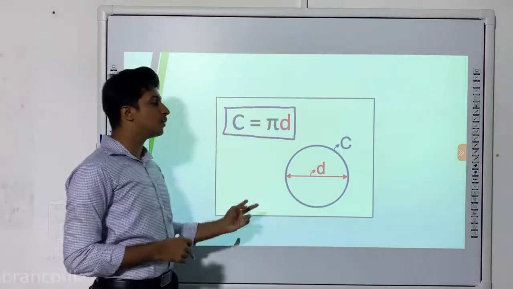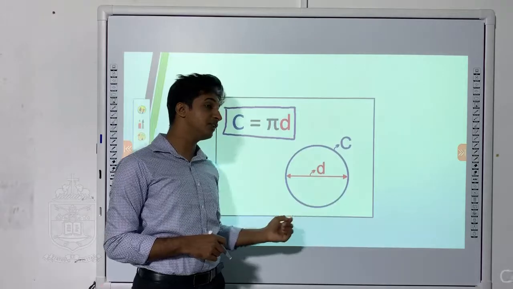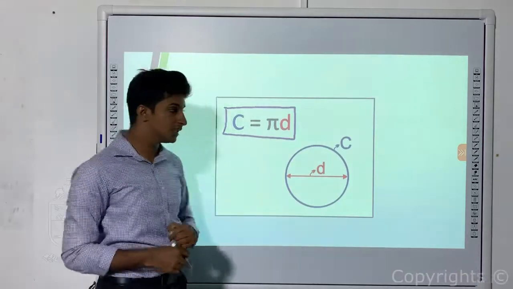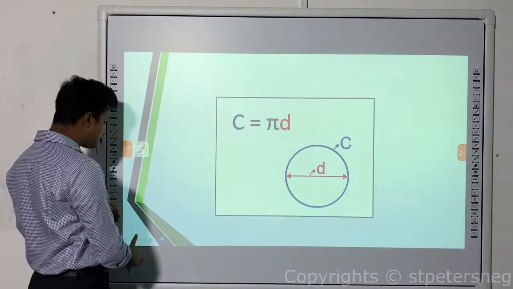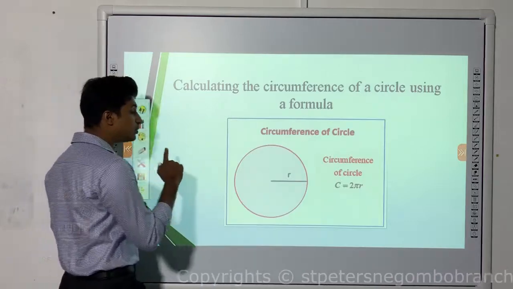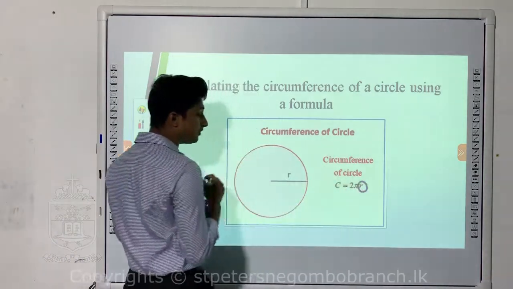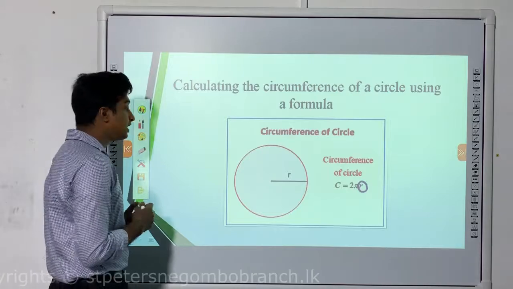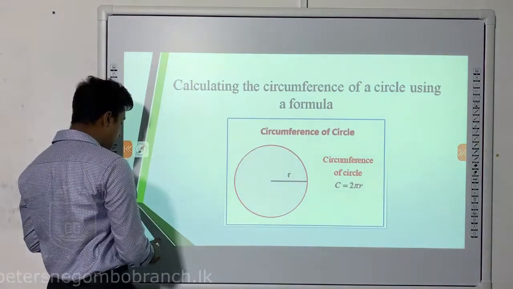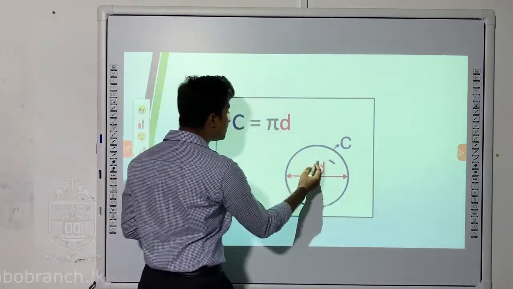This is used when you have already been given the diameter of the circle. The other formula is used when the diameter is given to you.